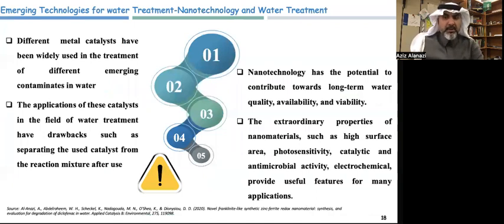The impact of nanotechnology and nanotechnology trends in the advancement of methods and techniques for water treatment will be more promising in the years to come.